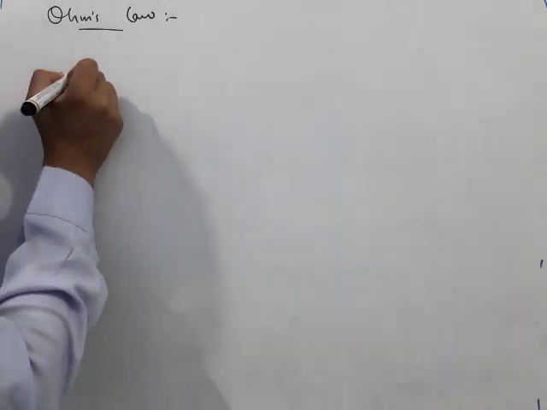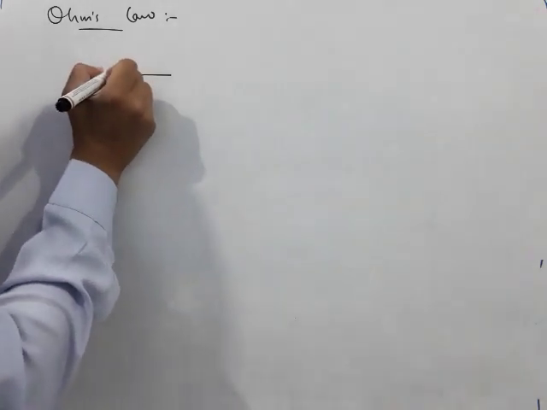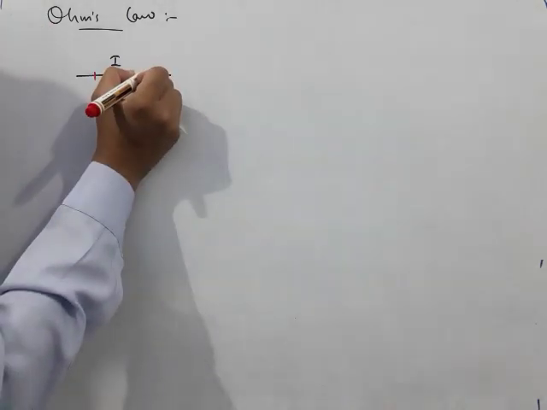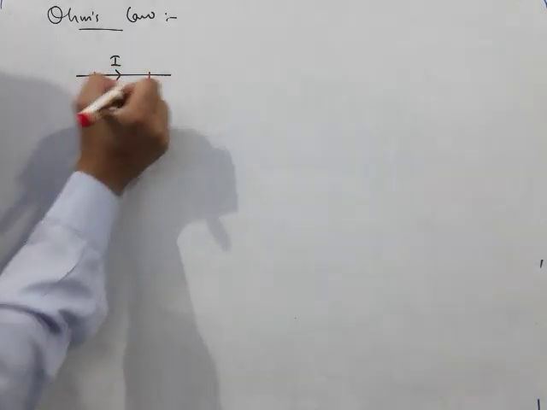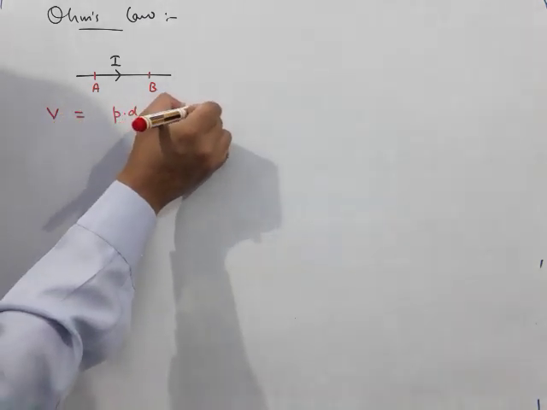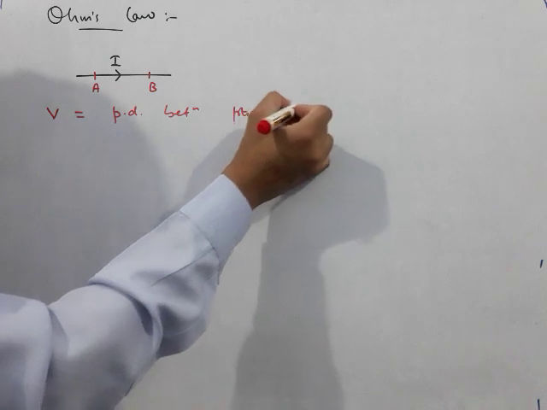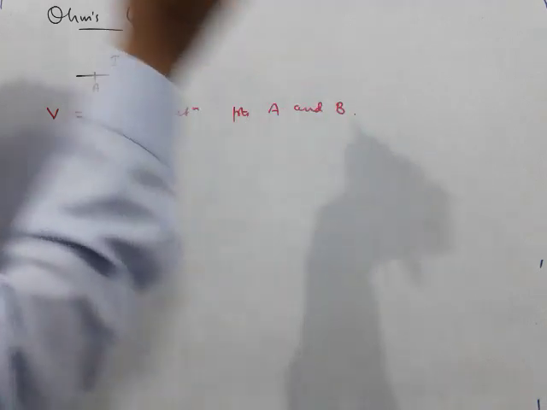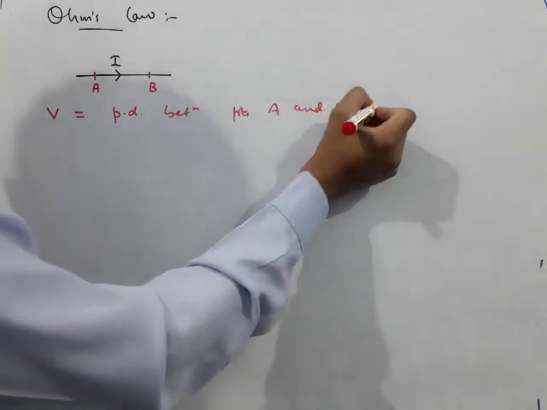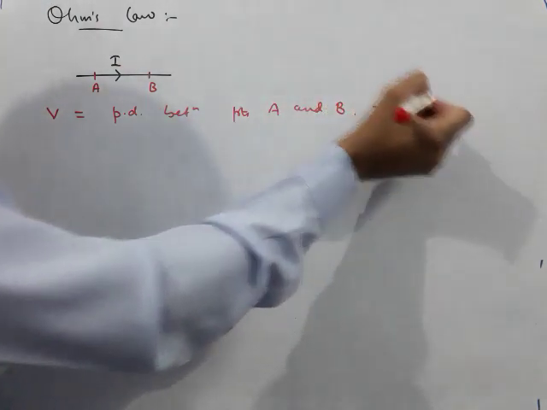So if there is some metallic wire, and through that wire there is some current I, then this law says if you choose any 2 points on this wire, say A and B, and if you write V as potential difference between points A and B, so this we can write as VA minus VB.